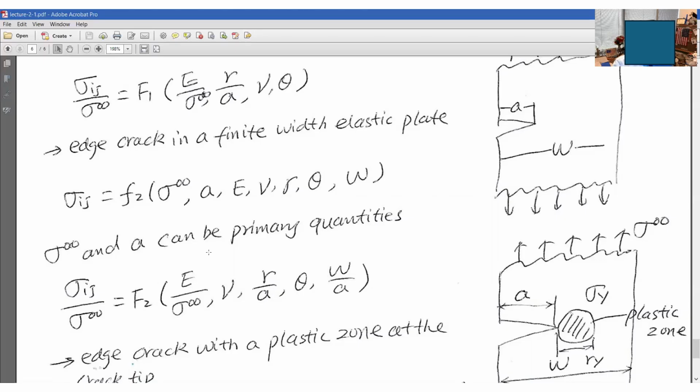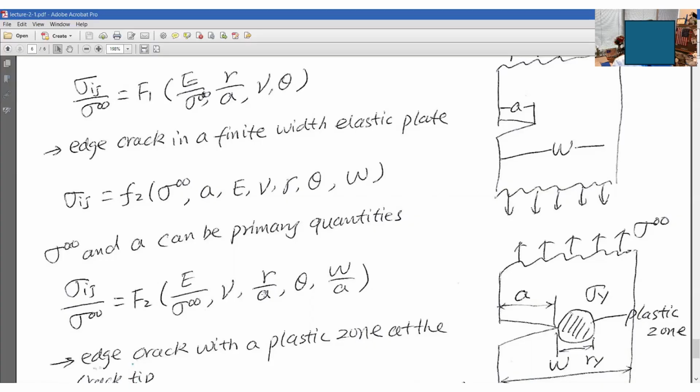So how to make E dimensionless? I just divide E by sigma infinity and also A, but for A I just use the exponent as 0, so A has no contribution. So E divided by sigma infinity. Nu is dimensionless itself, you don't need to do anything.